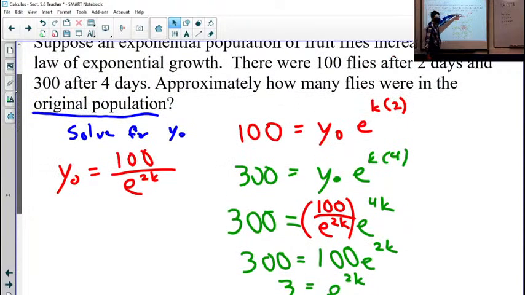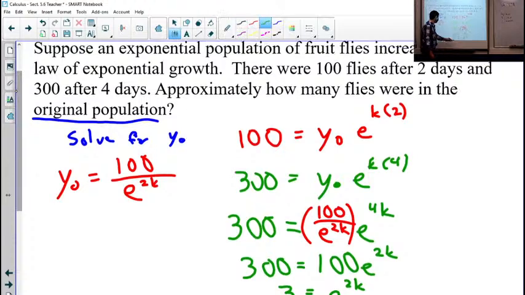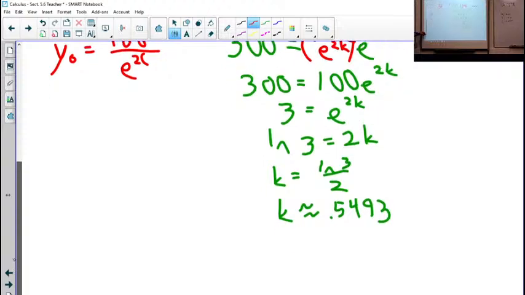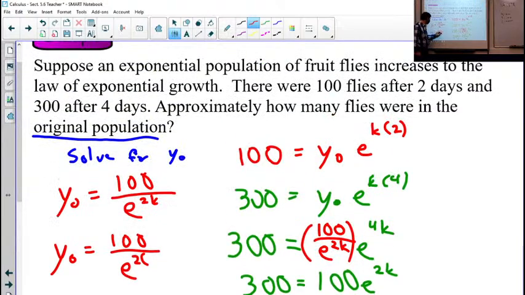So back to this equation. Let's solve for y naught. Good idea. 100 over e to the 2 times, what was our decimal for k? 0.5493.